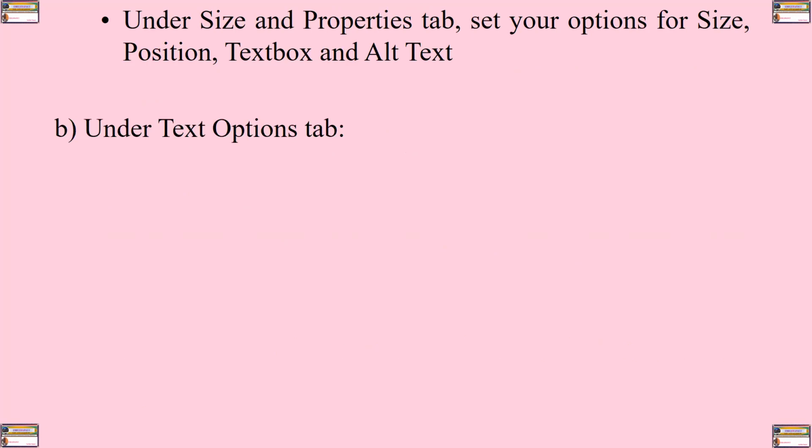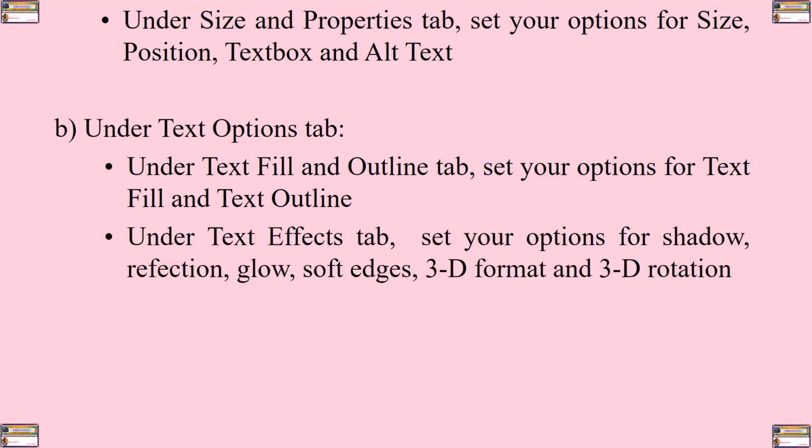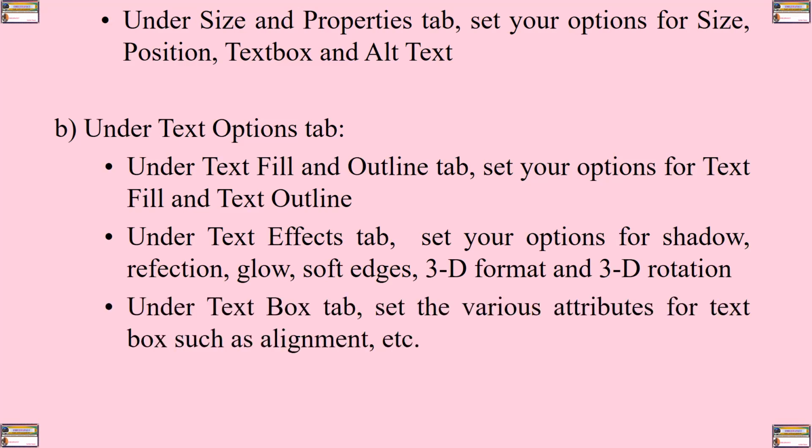And the Text Options tab and the Text Fill and Outline tab, set your options for text fill and outline. And the Text Effects tab, set your options for shadow, reflection, glow, soft edges, 3D format, and 3D rotation.